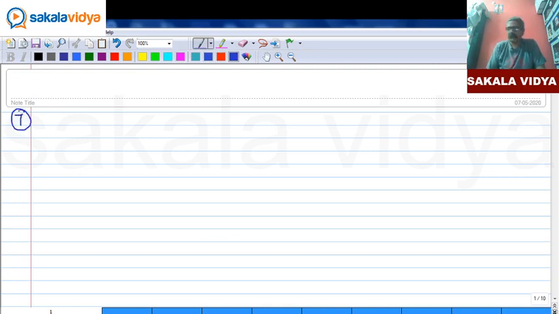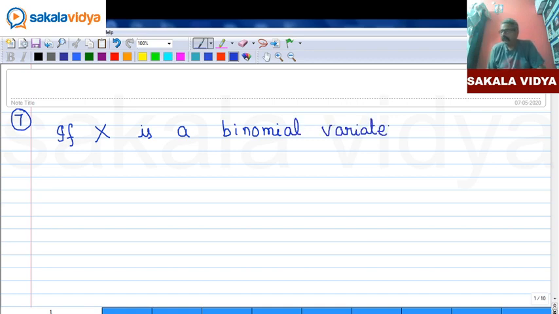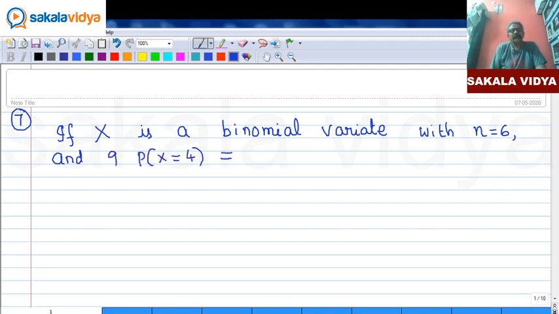Seventh one, if x is a binomial variate with n is equal to 6, and 9 into p of x is equal to 4 equals p of x is equal to 2.